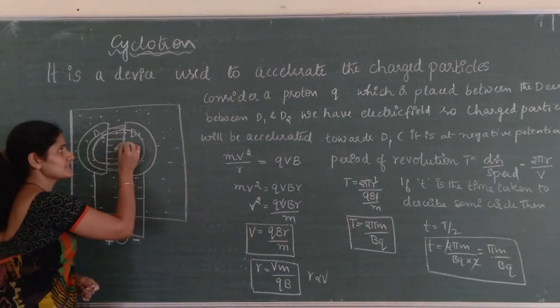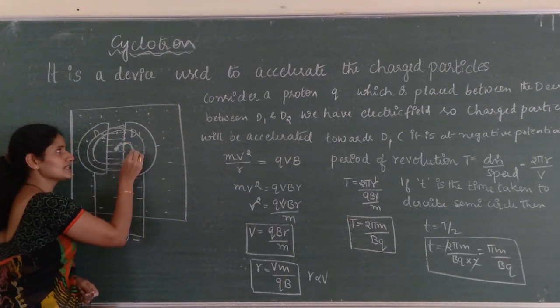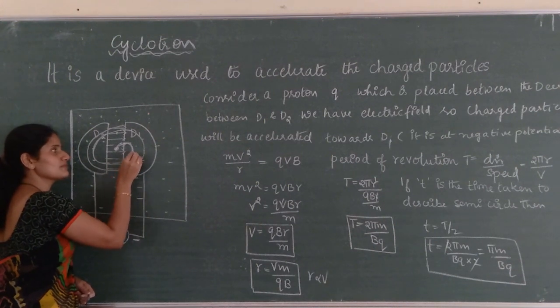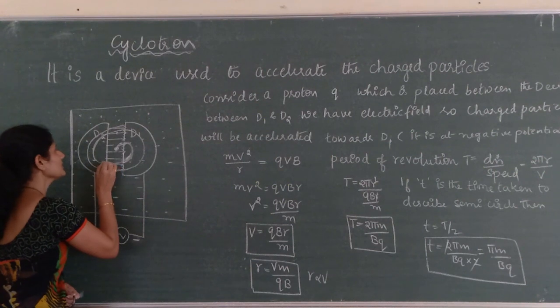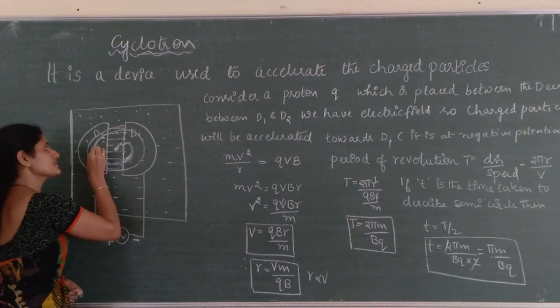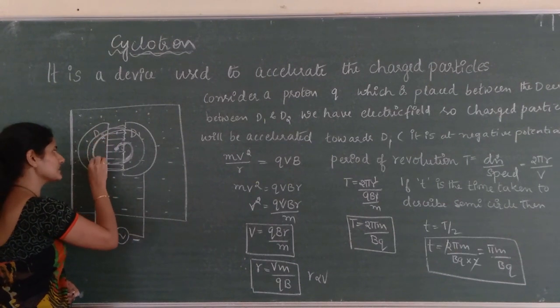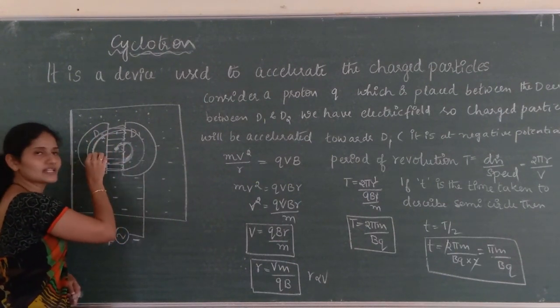If t for this D1 is the time taken by the charged particle to complete this semicircle, say 2 seconds, then the time taken by the same charged particle to complete this semicircle is also 2 seconds. If this is 2 seconds, then this is also 2 seconds.